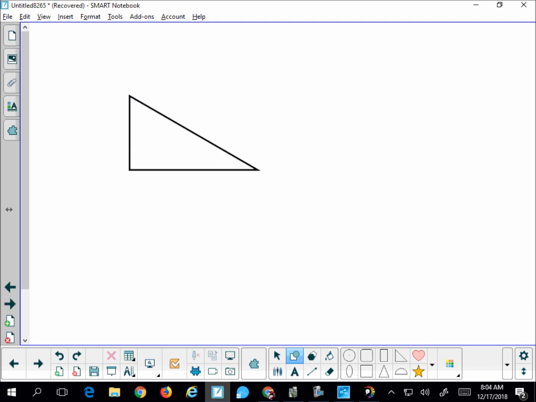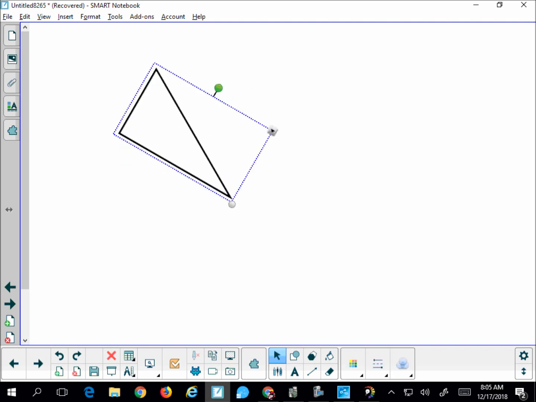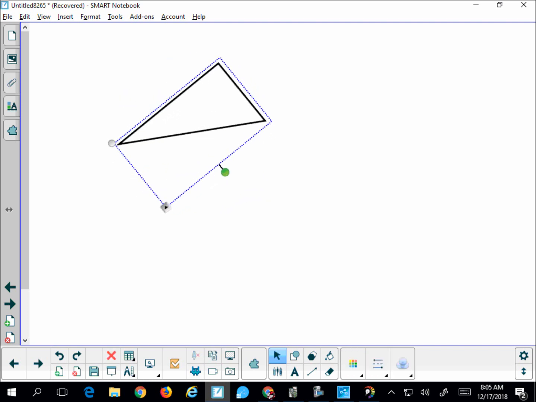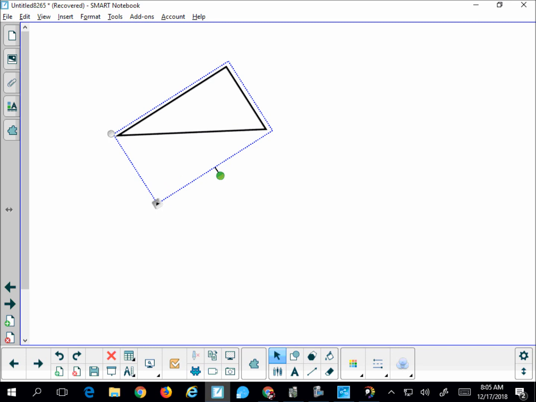So I'm going to spin this one around a little bit, just because we don't want to get complacent with triangles always being positioned or turned the same direction. The right triangle could be flipped or turned any direction.